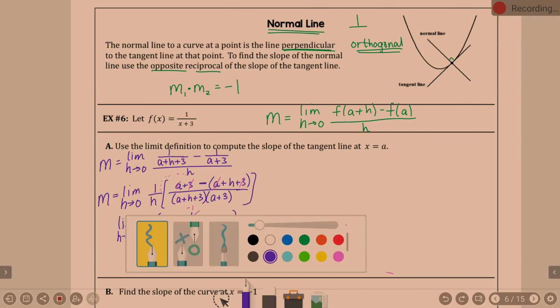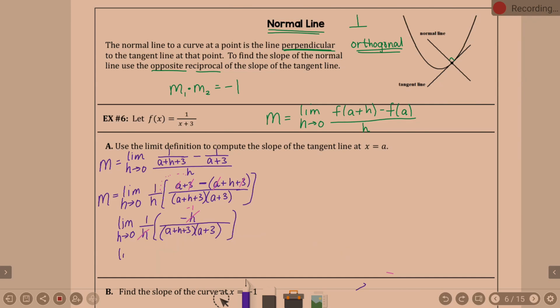Okay, so let me write this out. The limit as h approaches 0 of -1 over a plus h plus 3 times a plus 3.